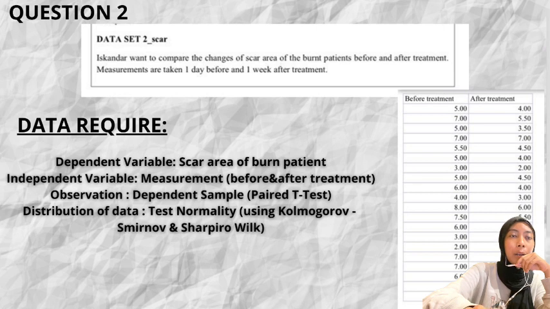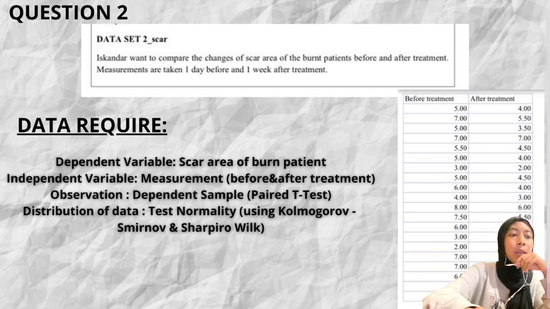From this we look for the data required. The dependent variable is the scar area of burn patients. The independent variable is the measurements before and after treatment. For observation we put dependent sample, and we use the paired t-test method.